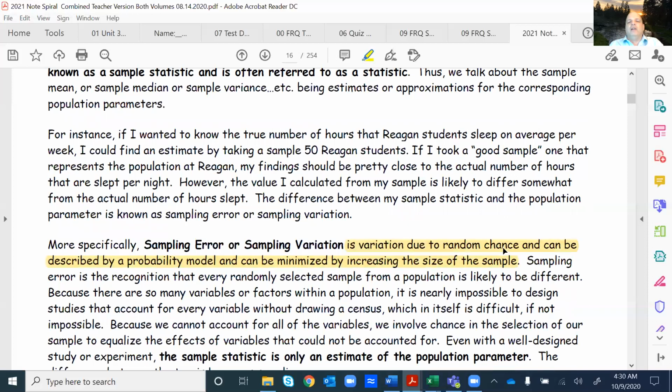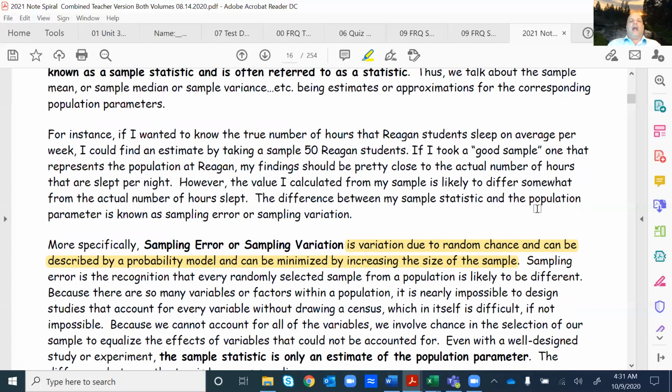First off, it's due to random chance. It's not due to a bad design. It can be described by probability, and we can minimize it by increasing sample size, where we can't do anything to fix bias, right? Increasing sample size does not help bias, but it will help sampling error.